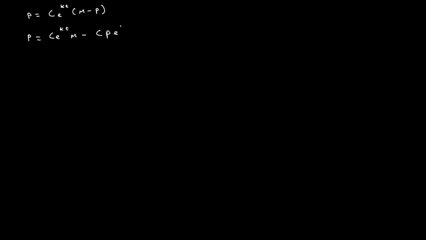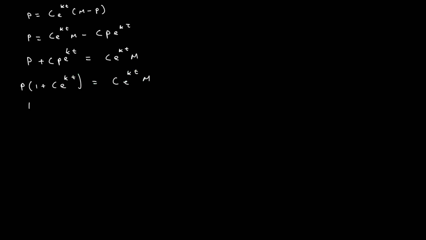Our goal is to get p isolated, so let me reshuffle this, and I get p plus c times p times e to the power of kt is equal to c times e to the power of kt m. Now that leaves us with p times 1 plus c times e to the power of kt, and hopefully now you guys can see the final form coming through.